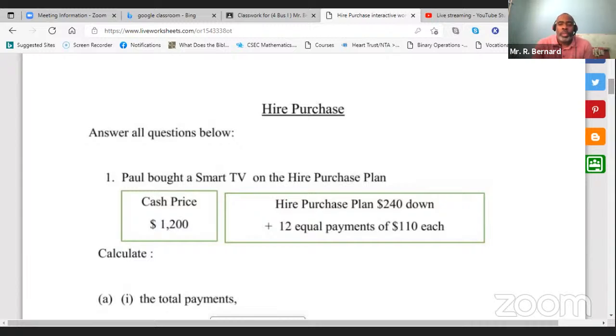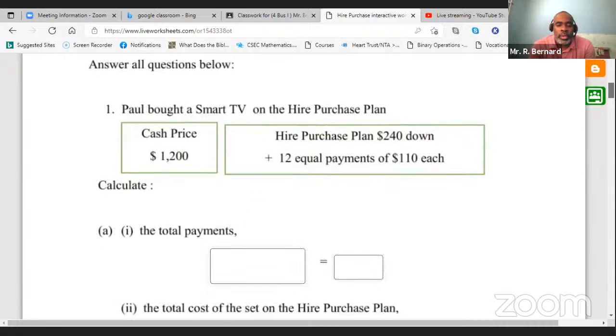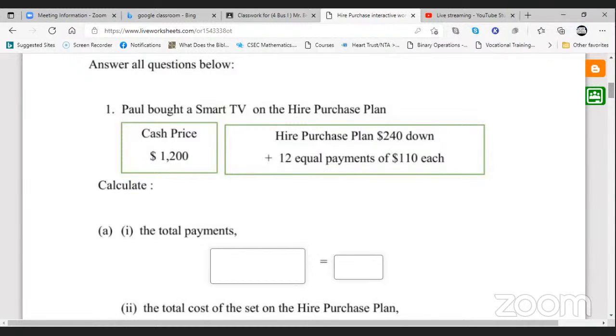Okay, so can you tell me how you calculate the total payments, please? What are the total payments equal to? 12 times 110 plus 240.